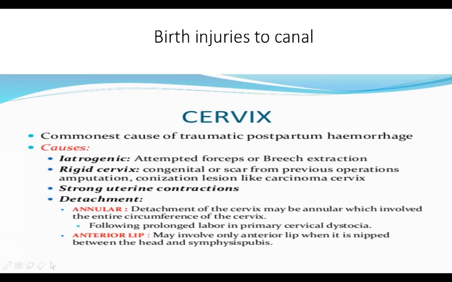And then detachment, in the sense of annular and anterior lip. Annular detachment involves the entire circumference of the cervix, following prolonged labor in primary cervical dystocia. The anterior lip may involve only the anterior lip, when it is caught between the head and the pubic symphysis. So that is the birth injuries to the canal.